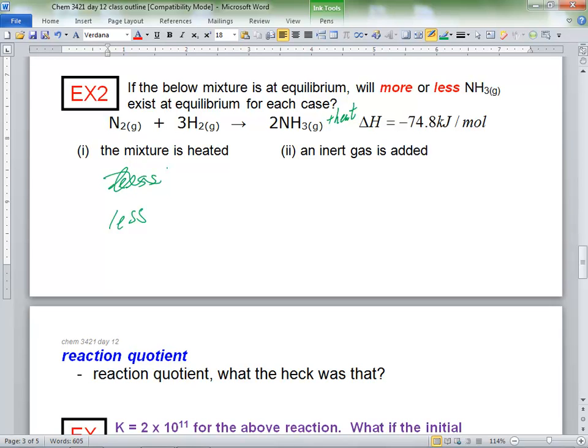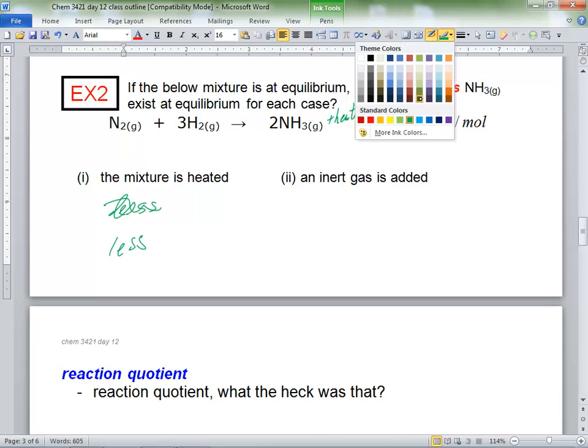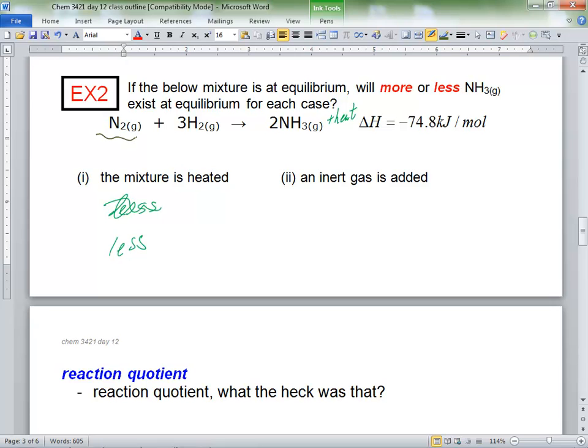So if you increase the pressure, what's the effect on the ammonia? What was the trick to doing this? Stoichiometric coefficients. Add up the stoichiometric coefficients. Remember playing this game? On this side, I have how many gas molecules?